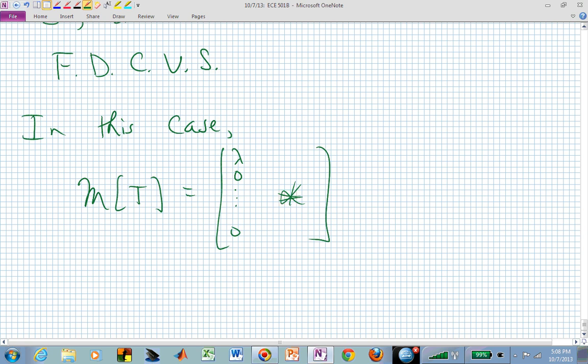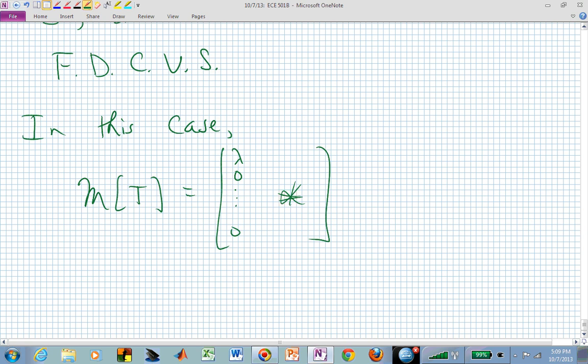We didn't restrict or create that in any special way. We just said extend the basis. But we do know, with respect to that first vector, that it's our first vector in our basis set, and we just need to scale that by lambda in the matrix representation of this operator T.